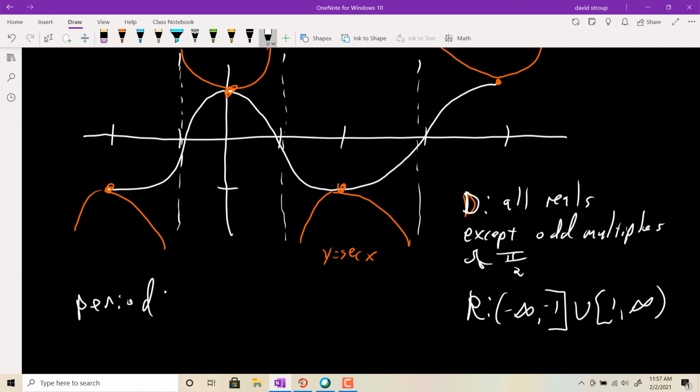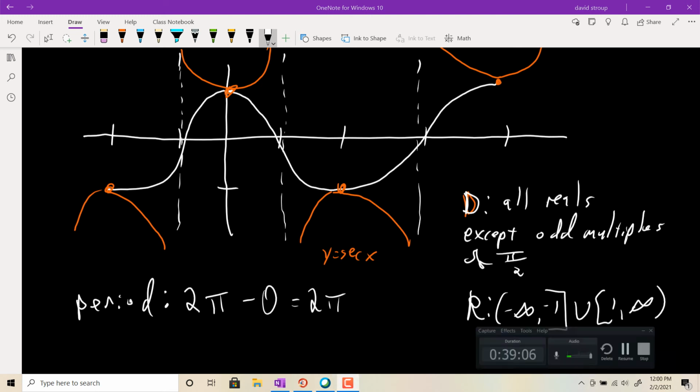It's just this time, for our period, where do we go from? Yeah, we're just going from 0 to 2 pi again. So it'd be 2 pi minus 0, which is just 2 pi. Okay, so let's take a look at some examples.